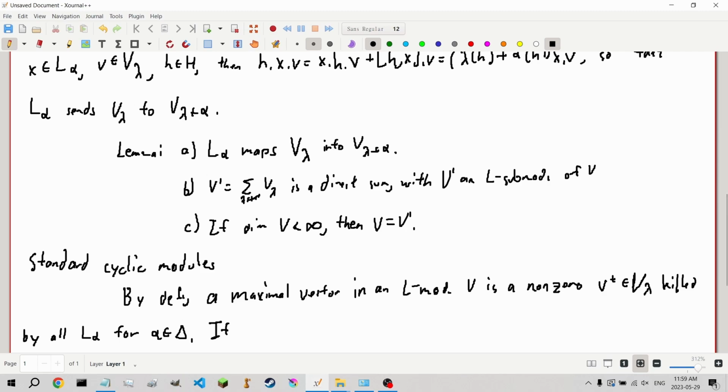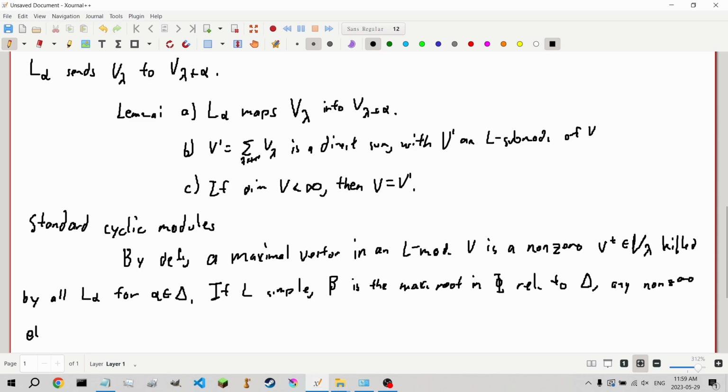If L is simple, for example, and beta is the maximal root in Phi relative to Delta, then any non-zero element of L beta is a maximal vector for the adjoint representation of L. And this is obviously the only possible maximal vector in this case.